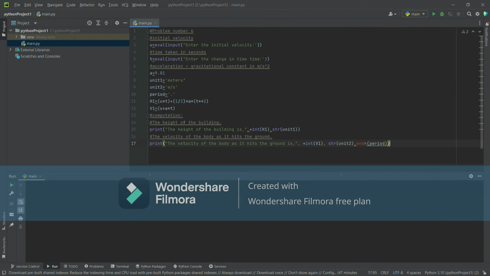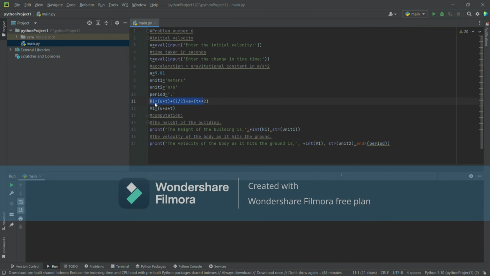So on problem number 6, a body is dropped from the building and reached the ground in 8 seconds. What is the height of the building? What is the velocity of the body as it hits the ground? So for the given acceleration, we use the gravitational constant in meter per second squared, which is 9.81. The unit for number 1 is meter, while the unit for number 2 is meter per second.